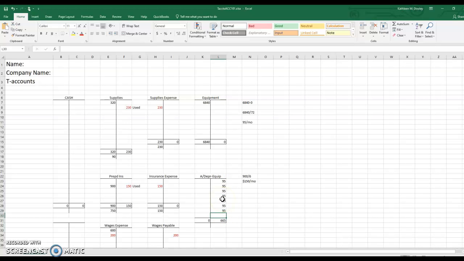But our formula for book value is to take the original cost of $68.40 and subtract out the total accumulated depreciation. Well, the total accumulated depreciation by the end of December is $665.